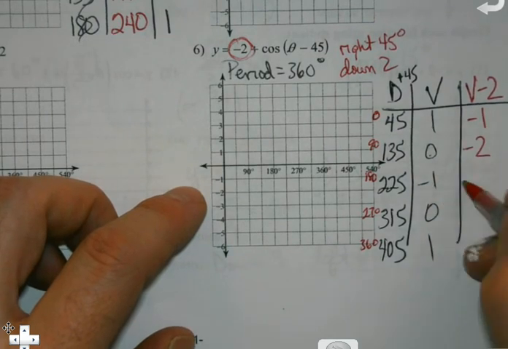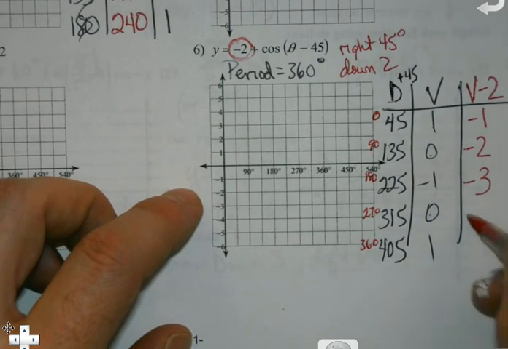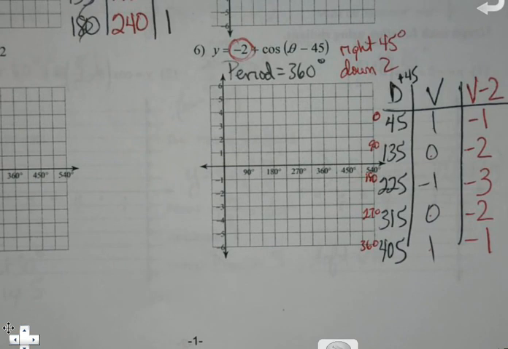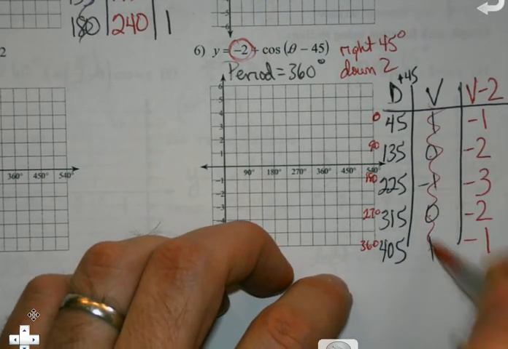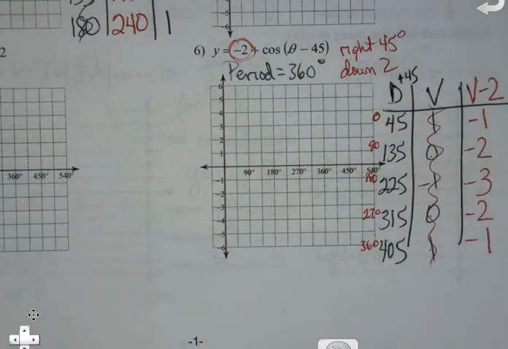Negative 1 minus 2 is negative 3. And then back to 0. 1 minus 2 gets me back here. So once I have that, I don't need these. That would have been one I probably could have just made a little note for so I didn't need the third column. But again, it's going to become a preference.